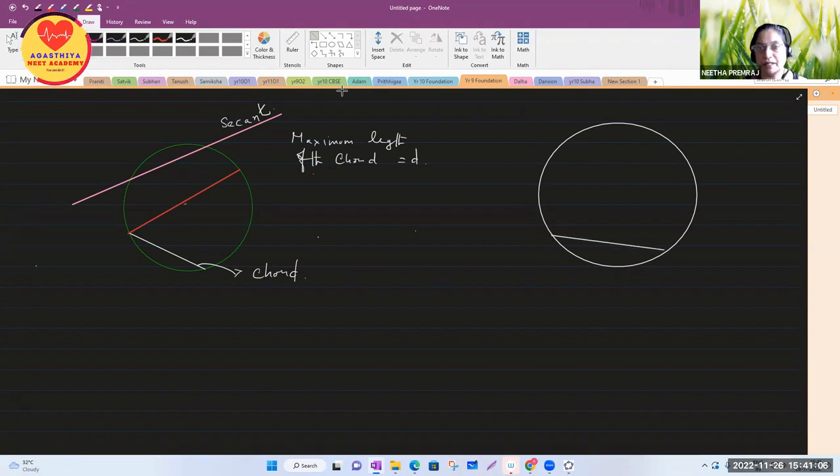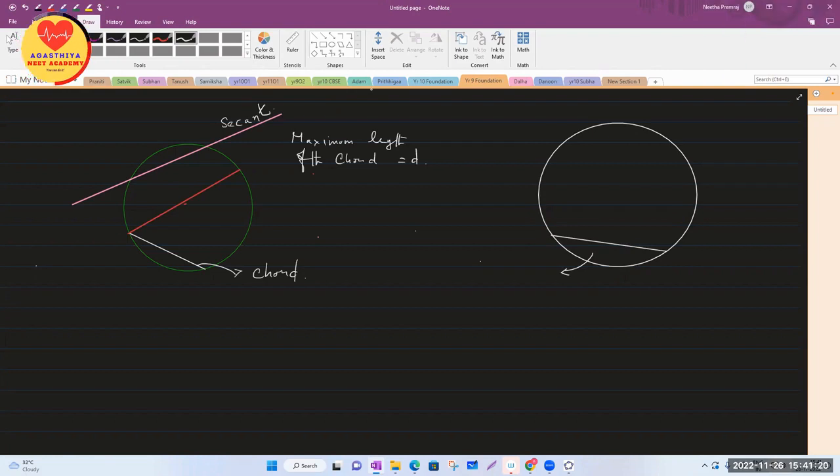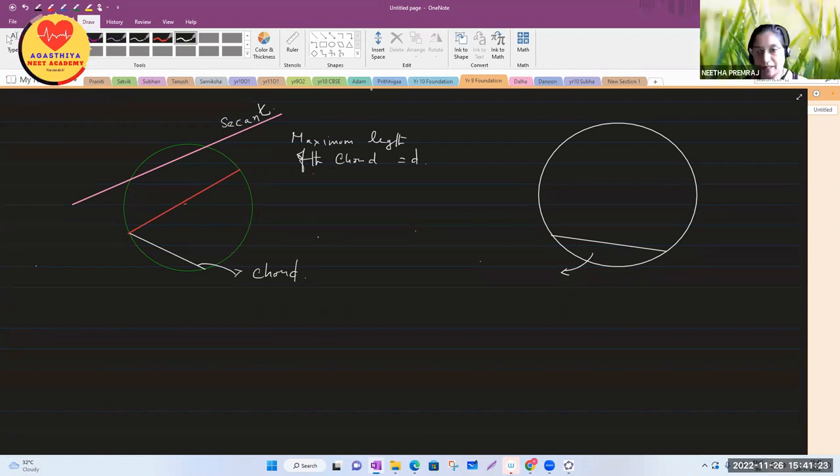A chord divides a circle into 2 parts, isn't it? Then what is the name of these parts? Not secant, no. The chord divides a circle into 2 parts, part 1, part 2. What is the name of the parts? Segment.